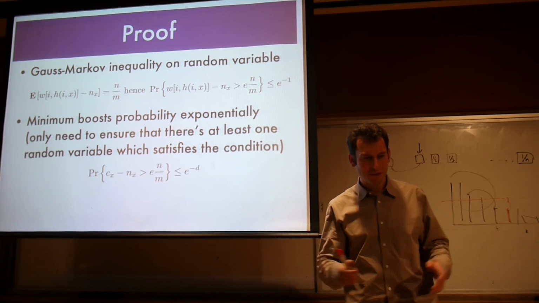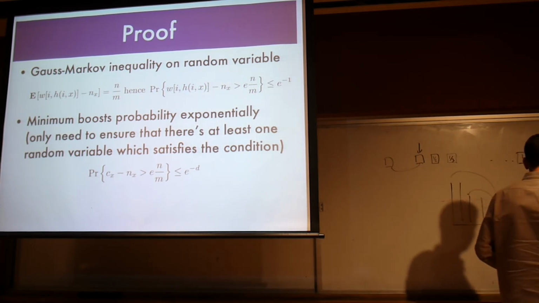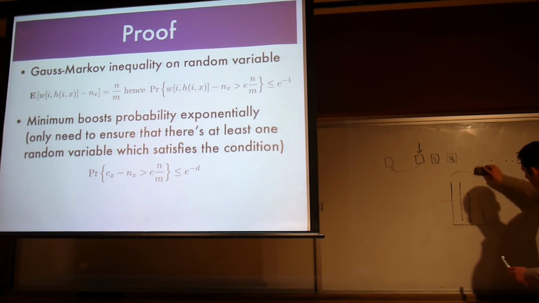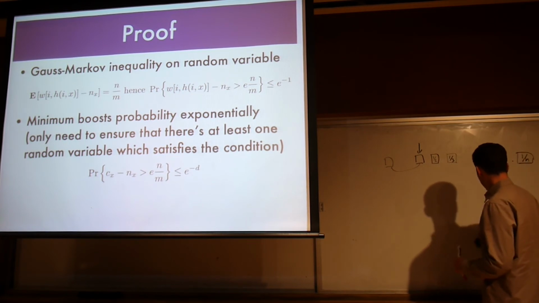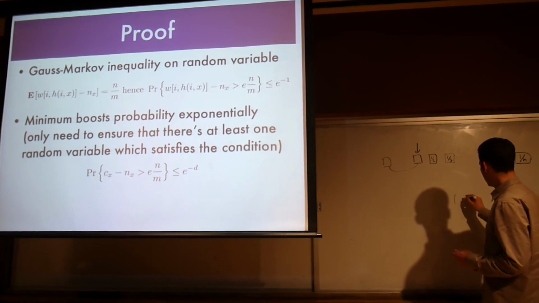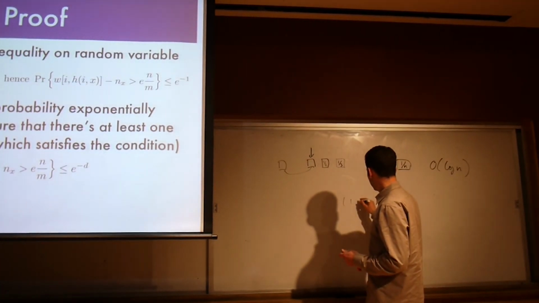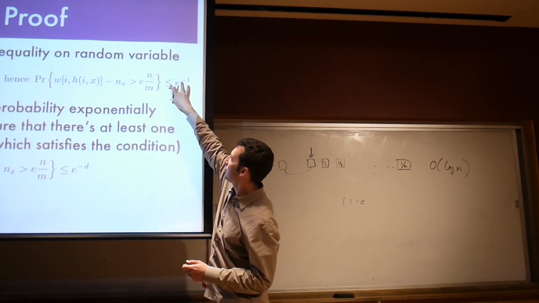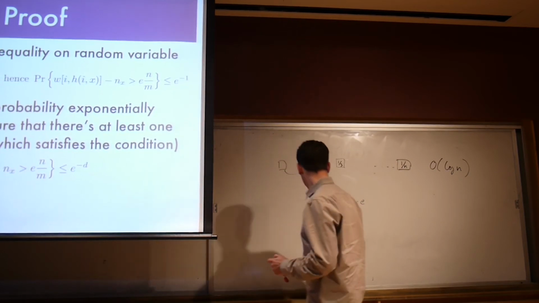But of course the probability of not hitting the lower bound for all d guys is bounded by 1 over e.